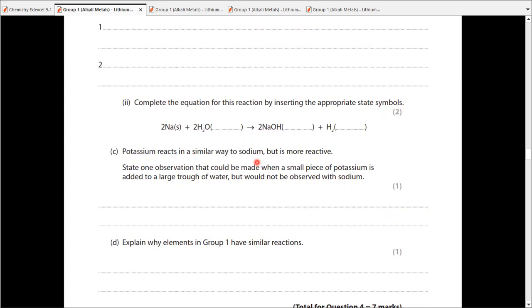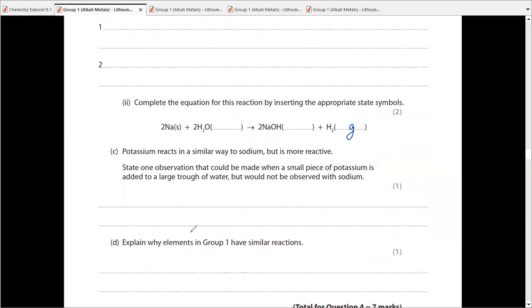Part two. Complete the equation. State symbols. Last one is obviously liquid. No, gas. Sorry, yeah, gas.